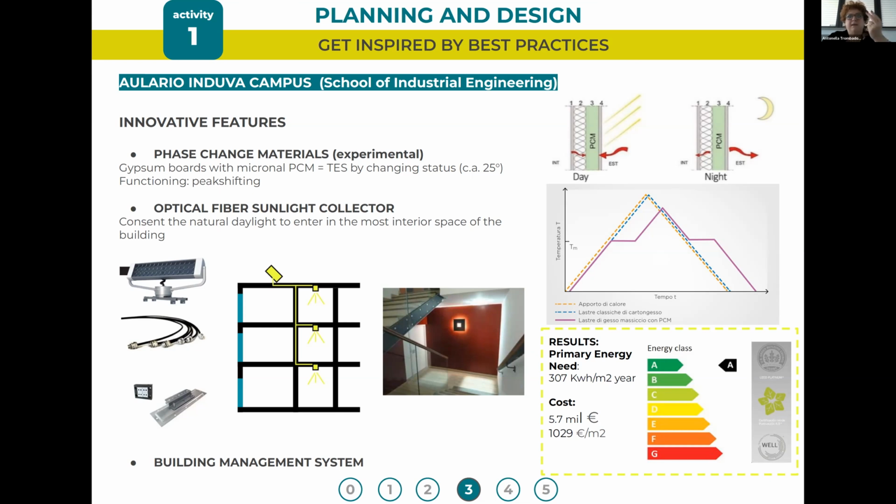And with these two solutions, it is possible to change the certification, the energy class of the building, certifying it at an A level. So with a very good cost reduction for the energy consumption, and a very good solution with a very strategic technological integration.